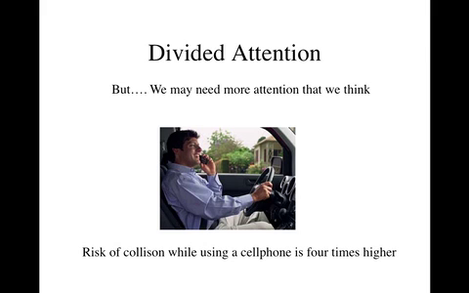So divided attention is possible, as multiple object tracking seems to suggest, but we're much worse at it than we think. The simple fact is that when you're allocating resources towards one type of cognition, that's going to leave fewer processing resources for a different kind of cognition. And so if you're talking on the cell phone, that does require some processing resources. That is going to detract from your ability to do something else, like driving a car, and risk of collision is much higher.